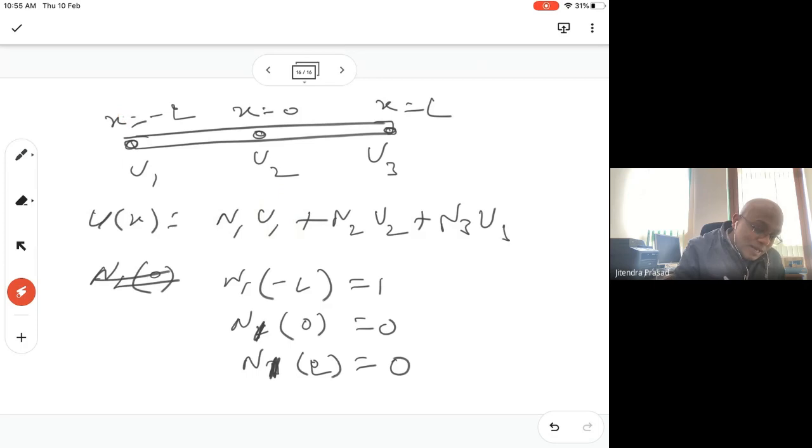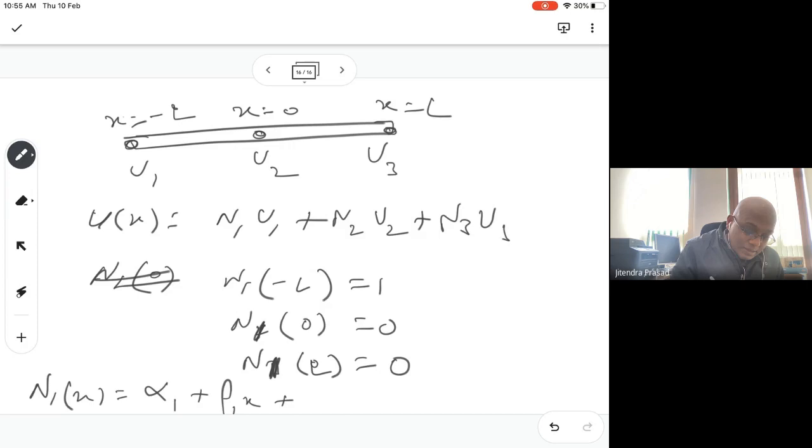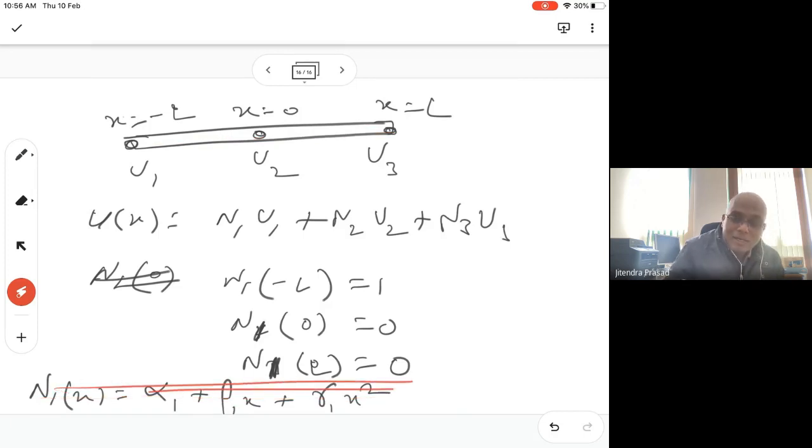Similarly, N2 has to be 1 here and N3 has to be 1 here and 0 elsewhere. So if you have 3 equations, how many coefficients can you solve? 3 coefficients. And that's why N1x now will be alpha 1 plus beta 1x plus gamma 1 x squared. So 3 noded elements will have a quadratic interpolation function, and so on. Yeah?